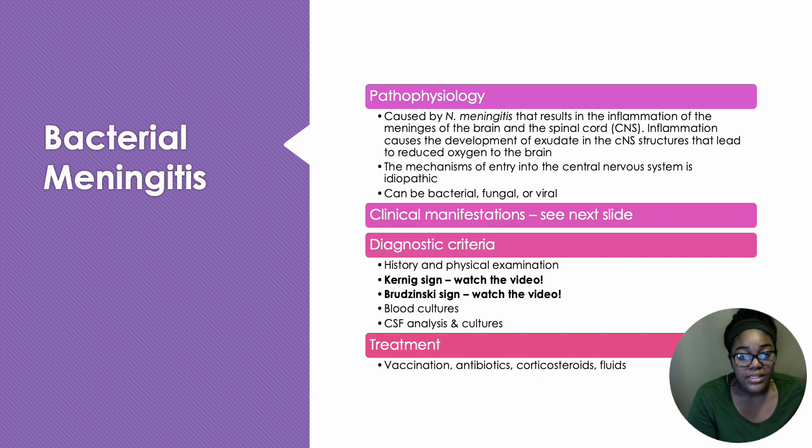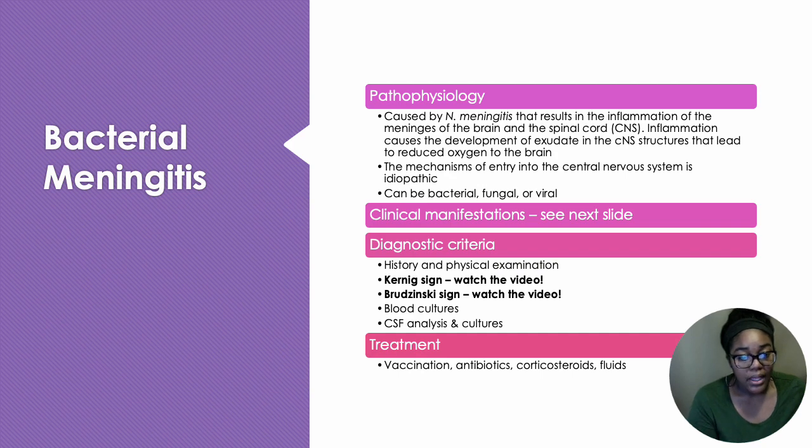There will be the presence of Kernig's sign and Brudzinski's sign. I have a video tagged in this lecture that will help you look at the differences between those, but either one would cause suspicion for meningitis.